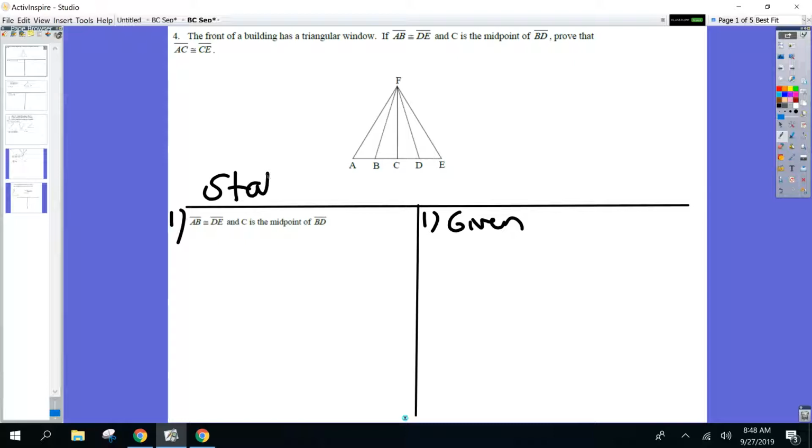I'll give you a minute to set up. Mark your diagram with those congruent segments.